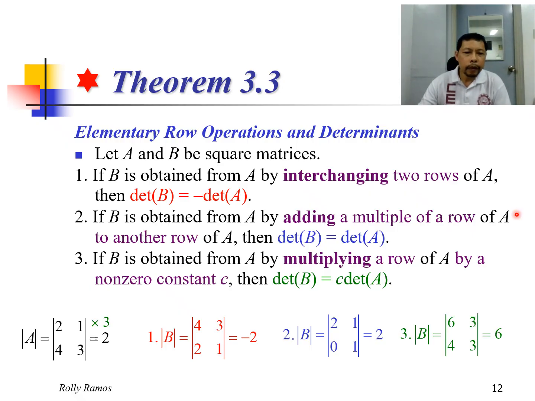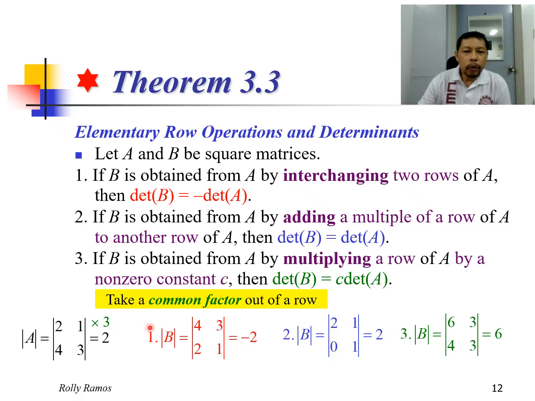For example, if we multiply row 1 of A by 3 to give us a new matrix B, 3 times 2 is 6, 3 times 1 is 3, so B would be 6, 3, and 4, 3. Taking the determinant of B, we get 6, which is equal to 3 times 2. So we've proven this third operation: the determinant of the new matrix is equal to the non-zero constant times the determinant of the old matrix.